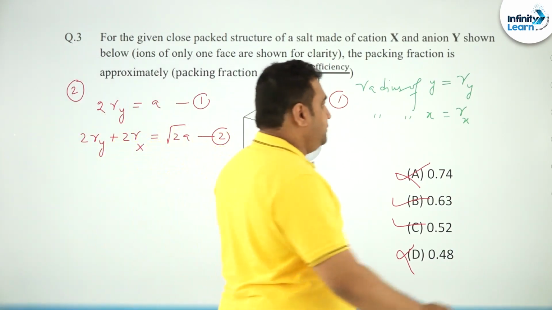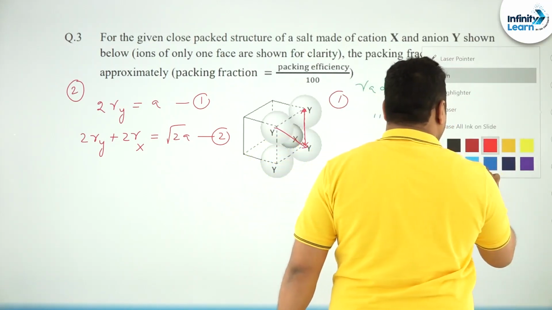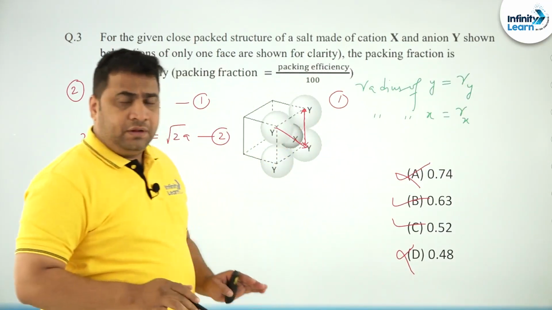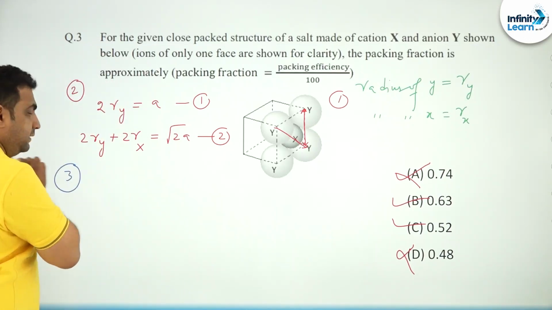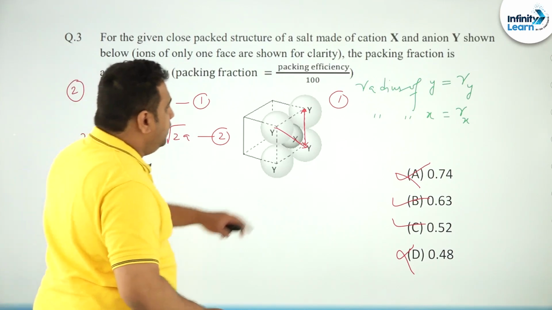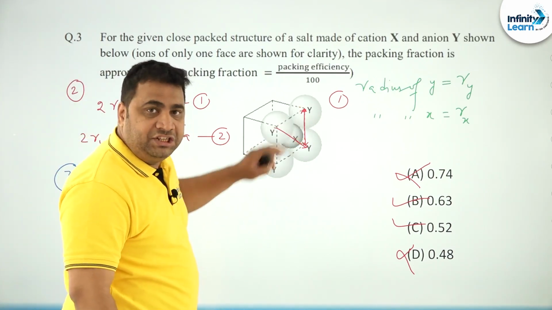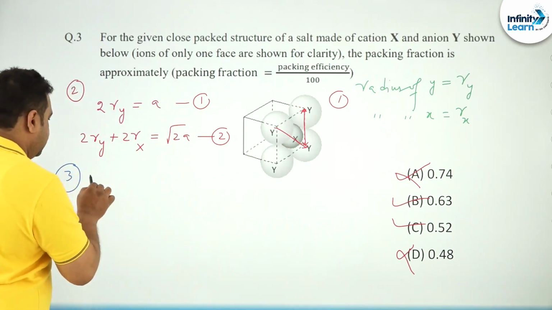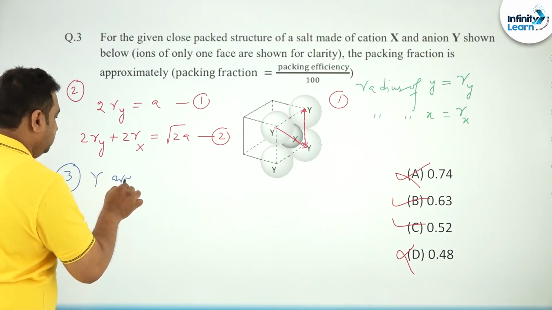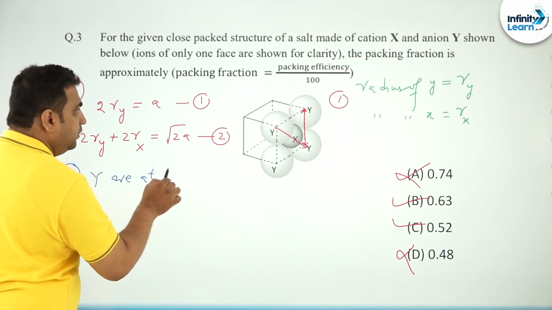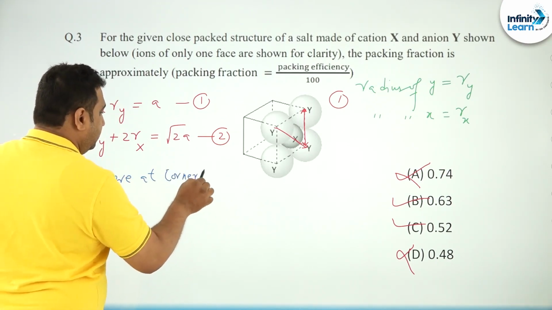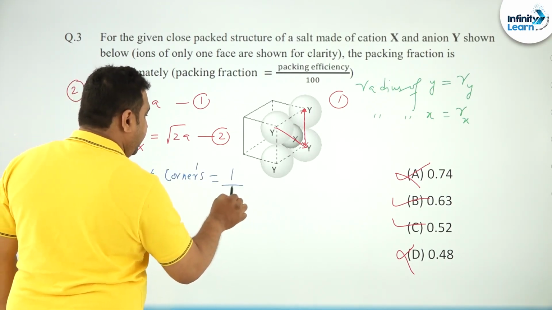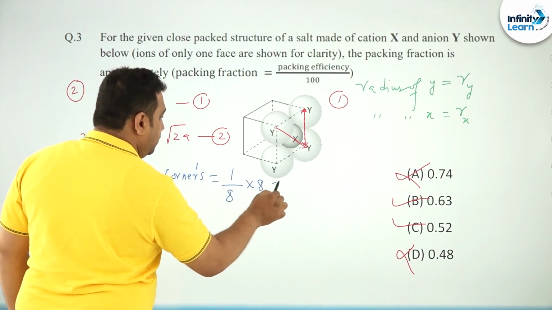Now, going to the next point. Let us calculate the packing efficiency. For that, we need another thing, part 3. As I already told you all, you can see y atoms are sitting on the edge. Since they are sitting on the corners, that means 1 by 8 into 8, so the contribution is 1.